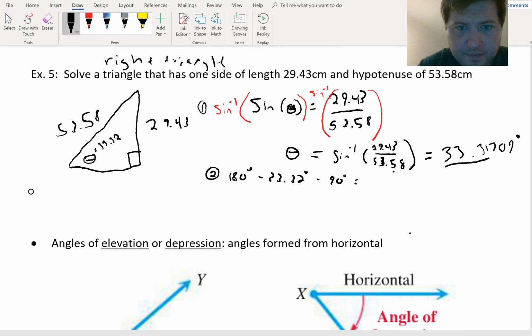All right. Minus 32. And I get that this is 56.68 degrees.